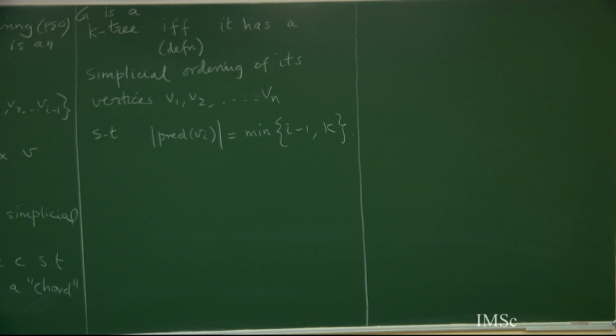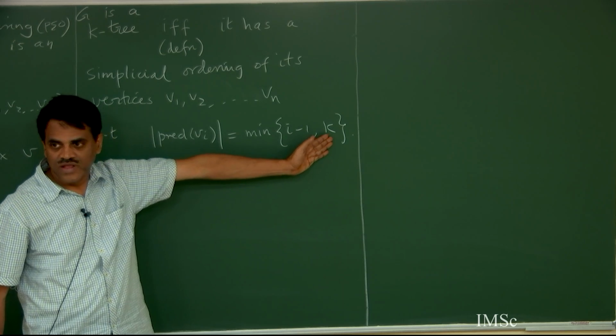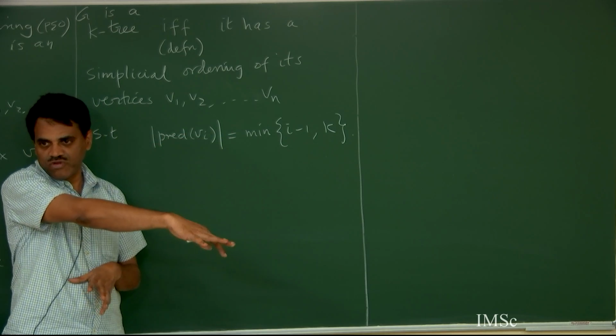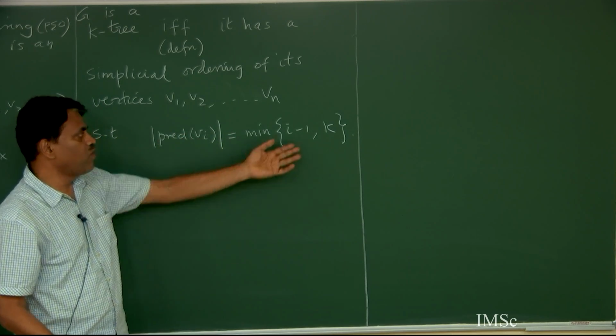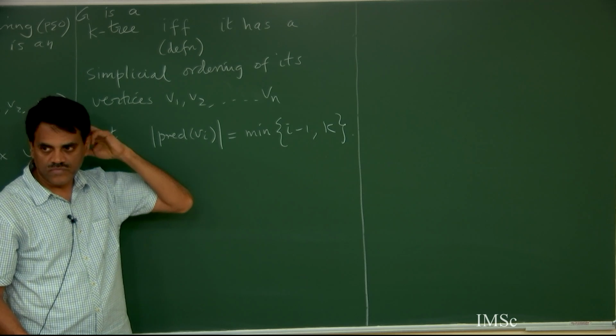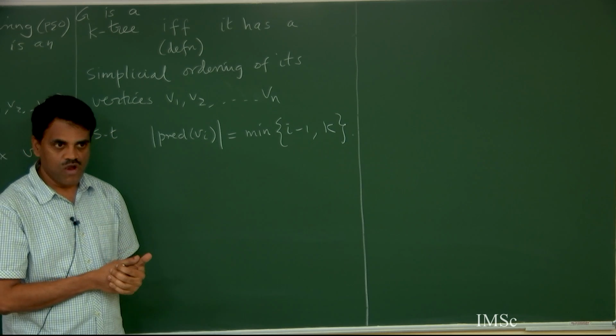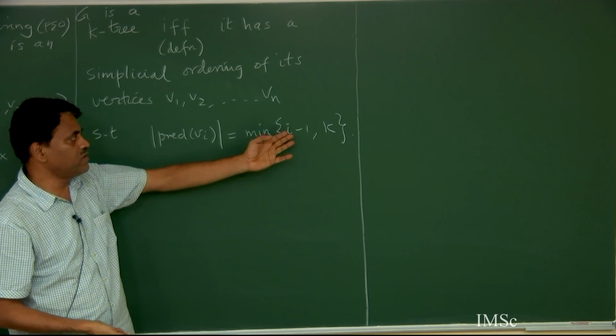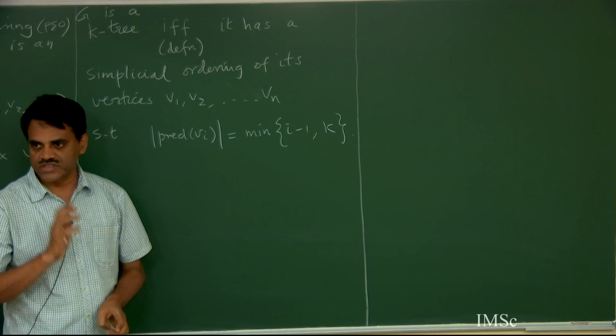Now, I am also insisting how many predecessors it should have. I want everybody to have k predecessors. But the initial vertices may not even have k guys before. So, whatever number of predecessors they have, just put that in. So, if you have k, you should have k. If you don't even have k before you, then whatever number before you, that many predecessors you should have.